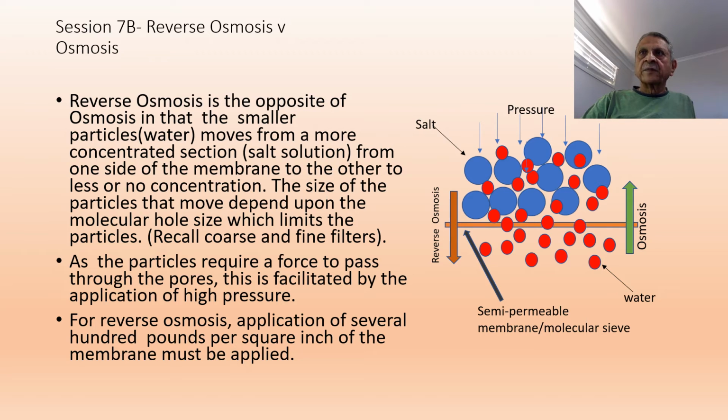So it becomes a salt water. In the reverse osmosis, the water flows out of the salt solution and through the membrane filter. And that shows the brown arrows, which show the reverse osmosis.